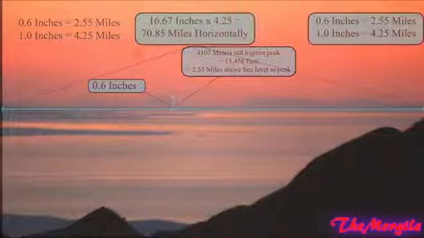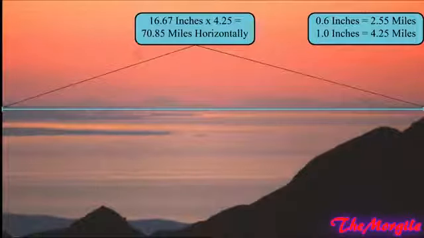Again, it's not perfect, but if 1 inch is 4.25 miles, then the 16.67 inches across the horizon multiplied by 4.25 is approximately 70.85 miles.